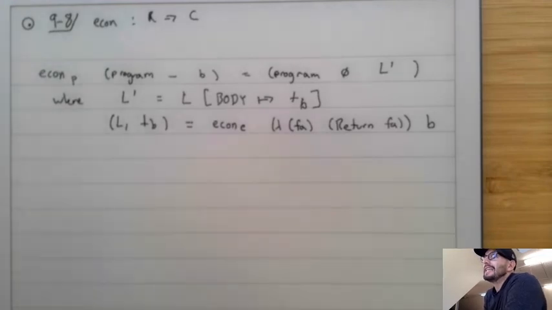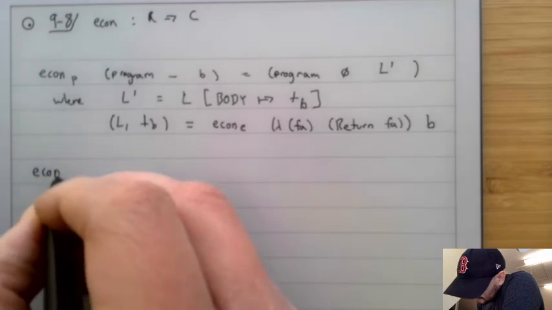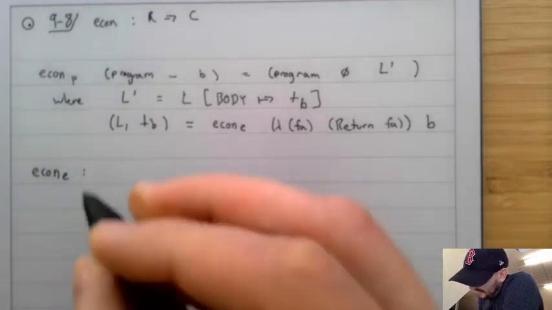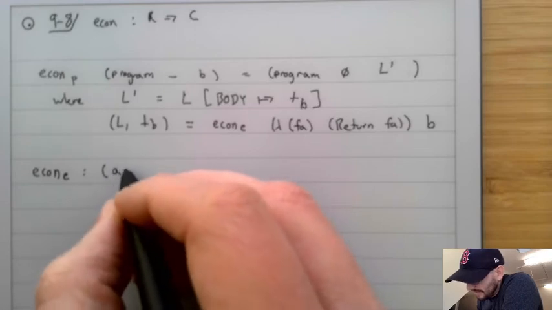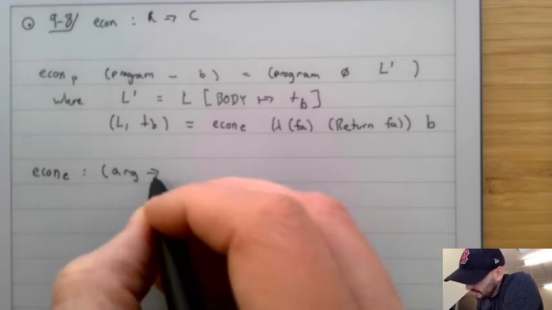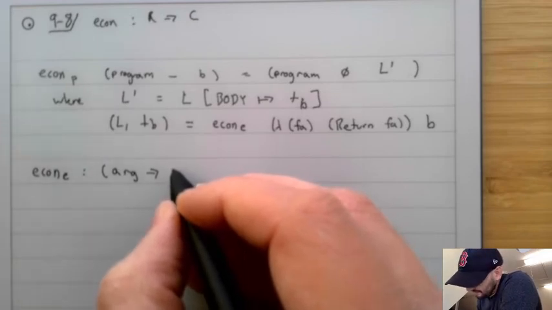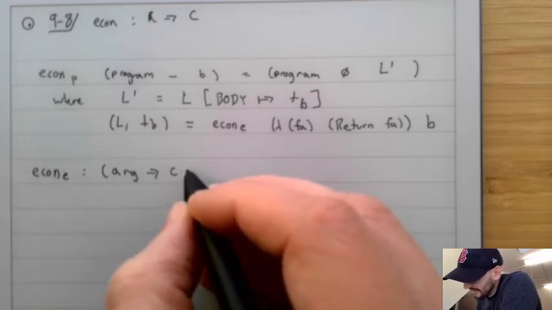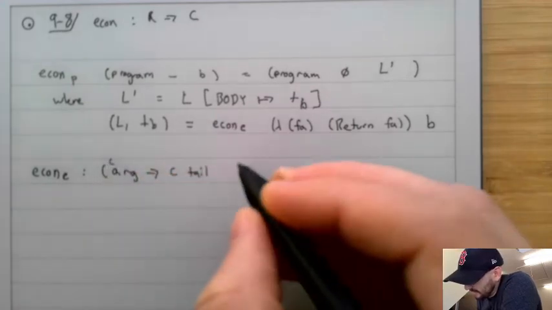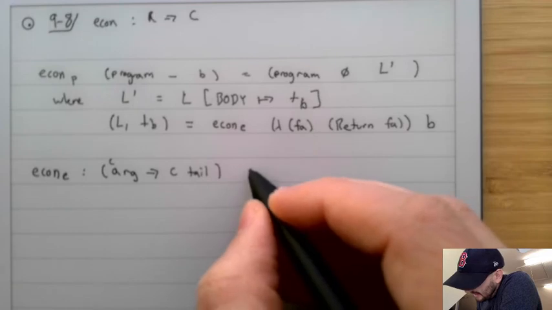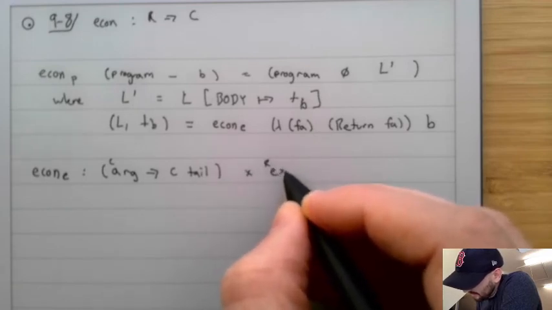So econ E, its type is that it takes a function that takes a C argument and returns a C tail, and it takes an expression, that's an R expression.